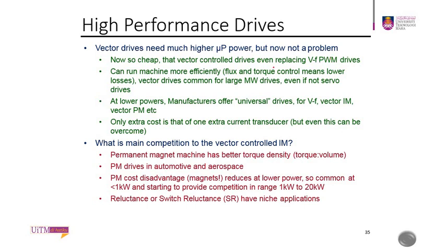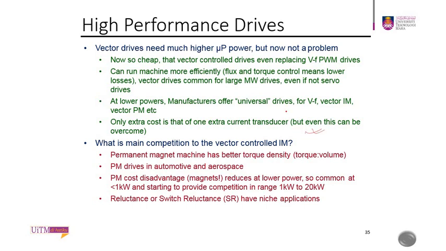Having that, vector control drives will be replacing V/F PWM drives, and they can run machines more efficiently. At low powers, most manufacturers offer a universal drive, and the extra cost of an extra current transducer can also be overcome.